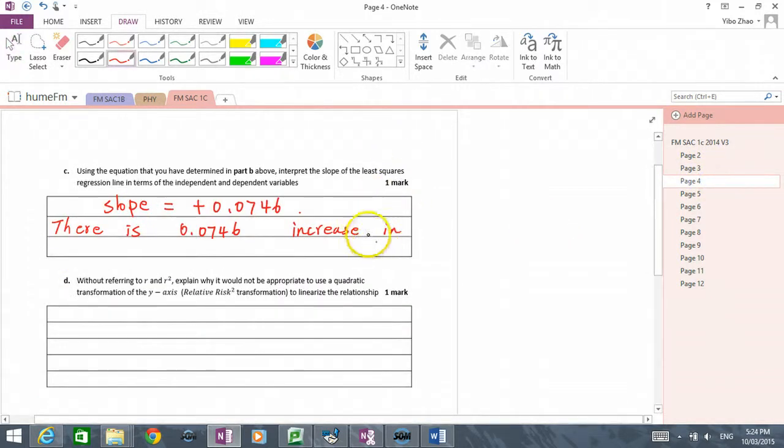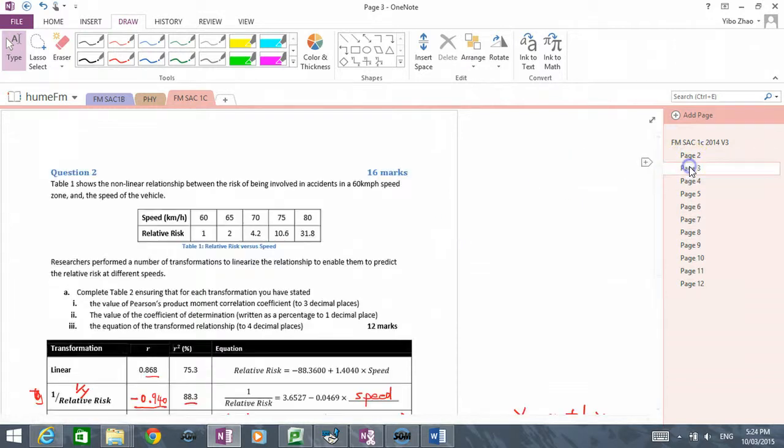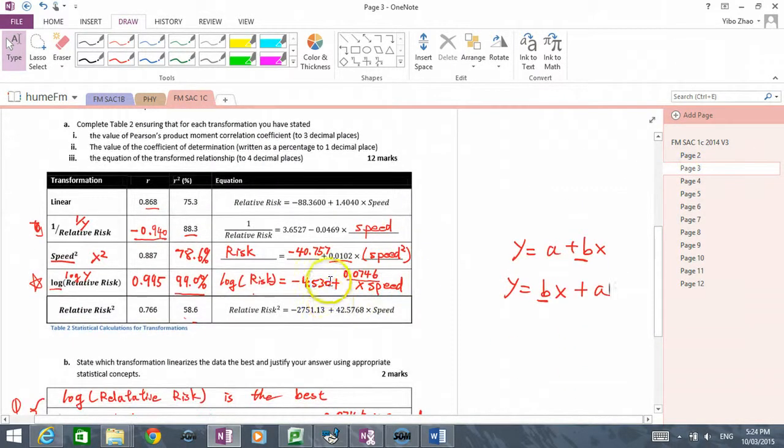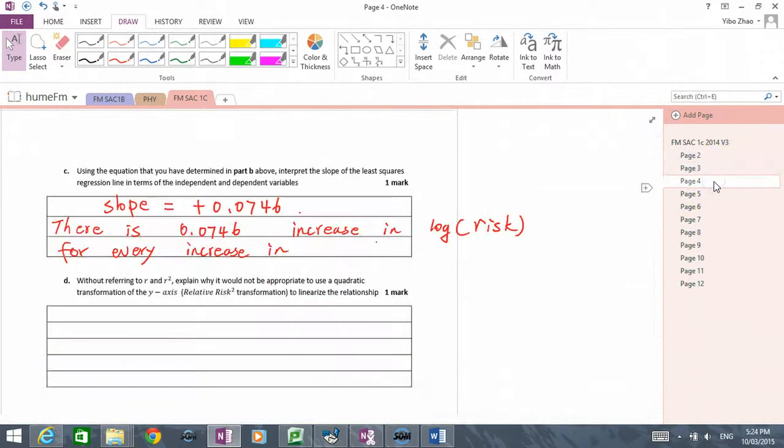There's this much of increase in log risk for every increase in the independent variable. The independent variable is speed. We did not change it, so we just write down speed.